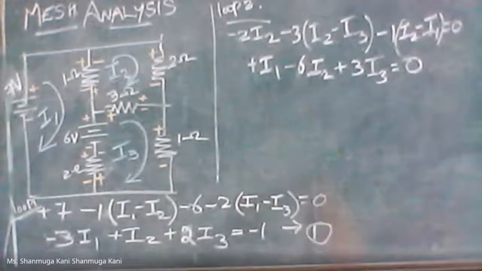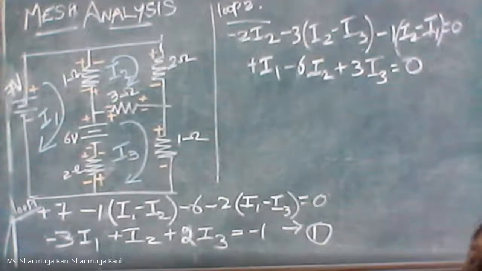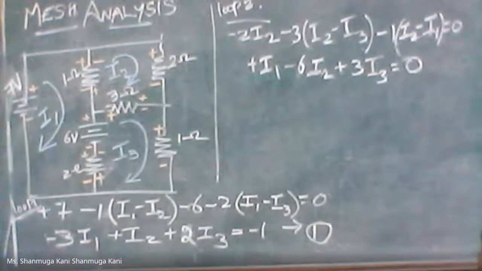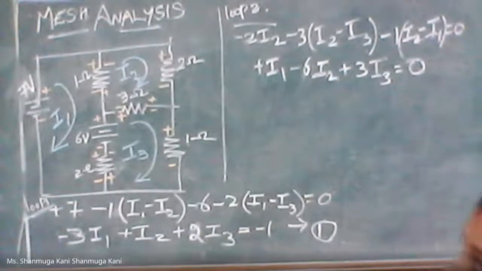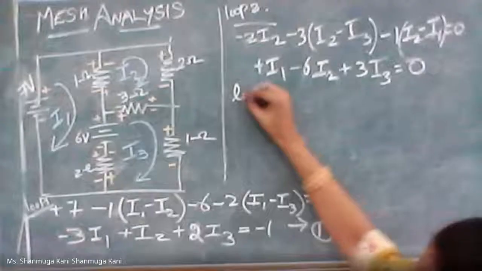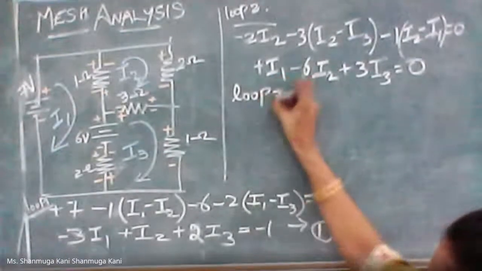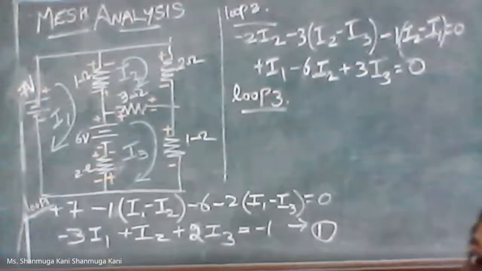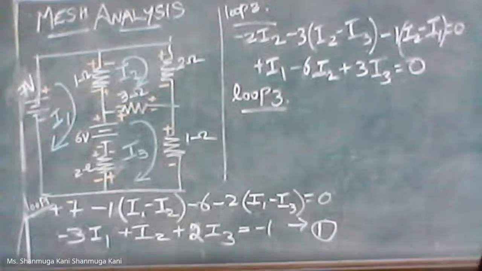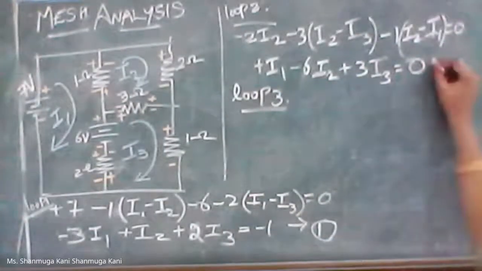Right, so this is the equation for our second loop. Now write the equation for the third loop. Do you understand the second loop equation?